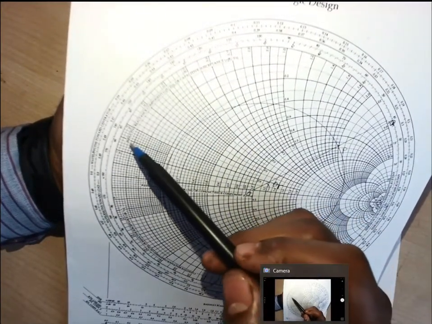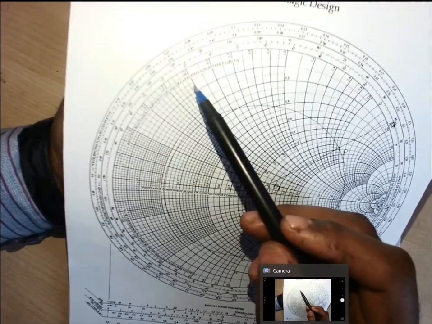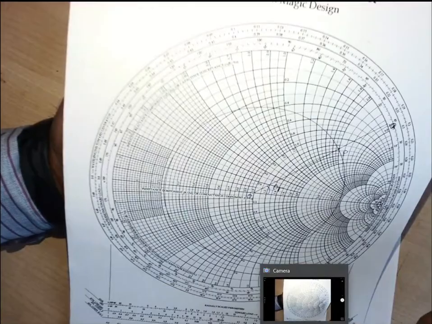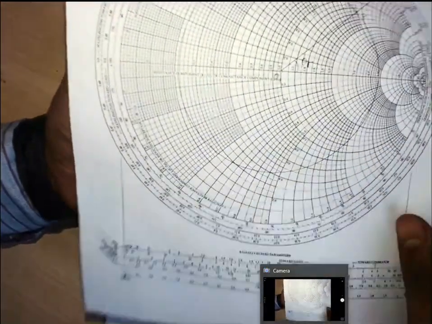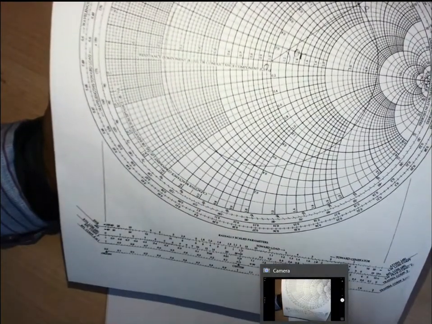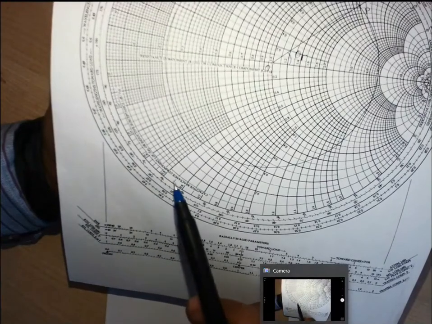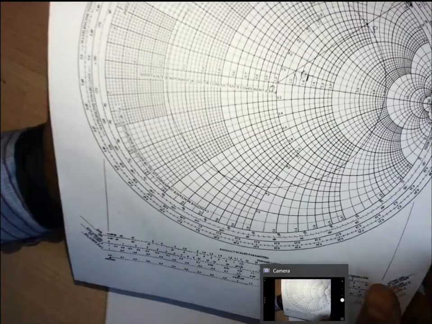So if it is inductive reactance, that will represent at the same point capacitive susceptance for the admittance. Same here below this axis, gamma axis, if it says capacitive reactance component for impedance, same it will say inductive susceptance for the admittance.